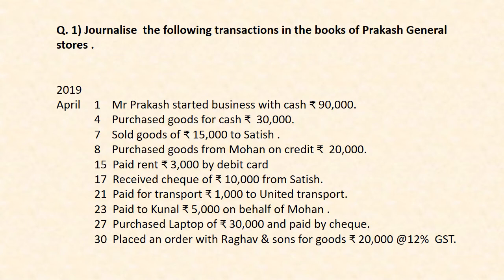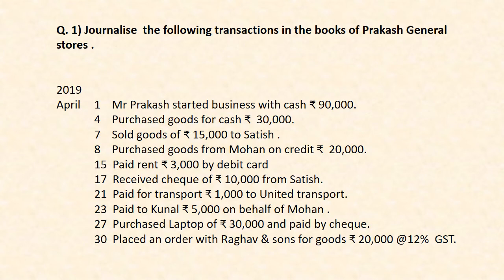Second last, on 27th April, purchased laptop of rupees 30,000 and paid by check. And last transaction on 30th April, placed an order with Raghav and Sons for goods rupees 20,000 at 12% GST.